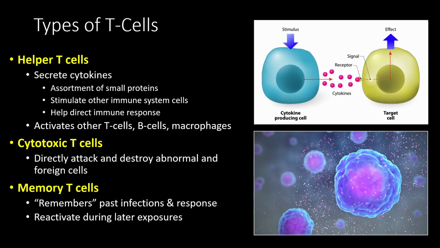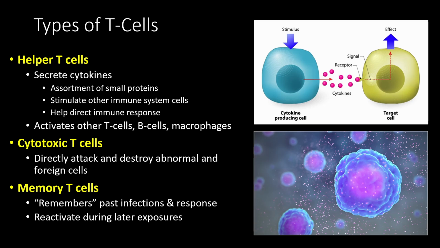So, types of T cells. Okay, we have three. We've already talked about one, the helper T cells. Their main jobs are to receive the information for a pathogen that's infecting you. So again, an APC will come and bind to the surface of a helper T, and they will activate it, and it will do two things.